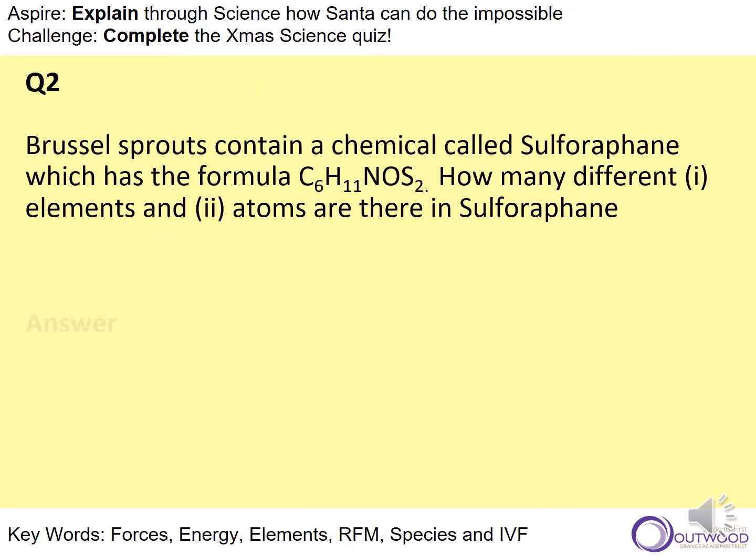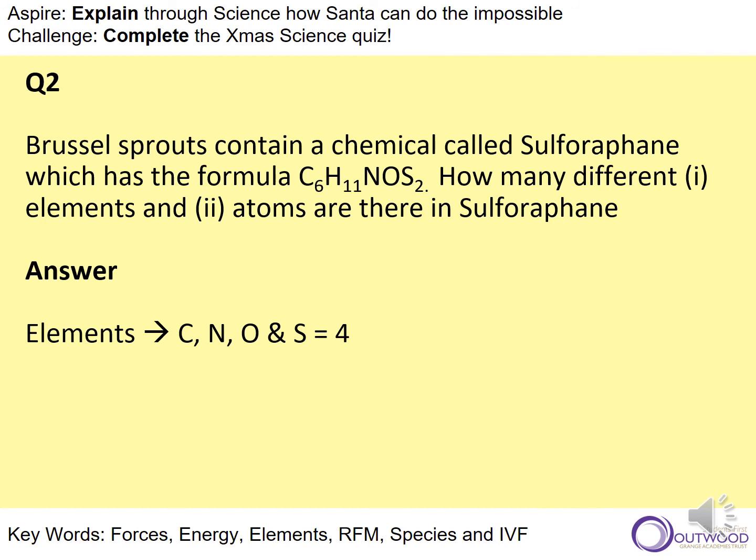Question number 2. Brussels sprouts contain a chemical called sulforaphane, which has the formula C6H11NOS2. How many different elements and how many atoms are there in sulforaphane? So what we've got, elements: we've got carbon, C, we've got hydrogen.